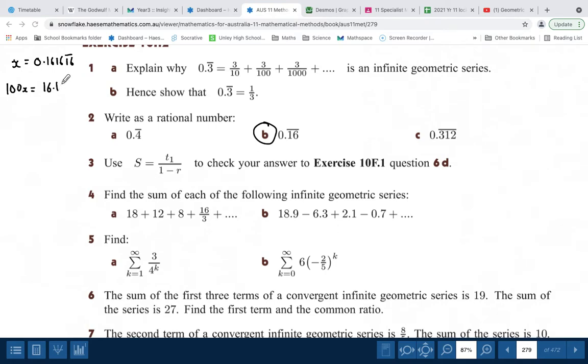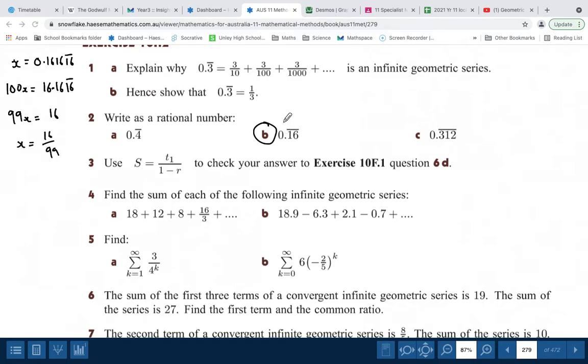So I'm pulling that 16 up. And that allows me to realize that 99x is 16, and then express this as a rational number, as a fraction.